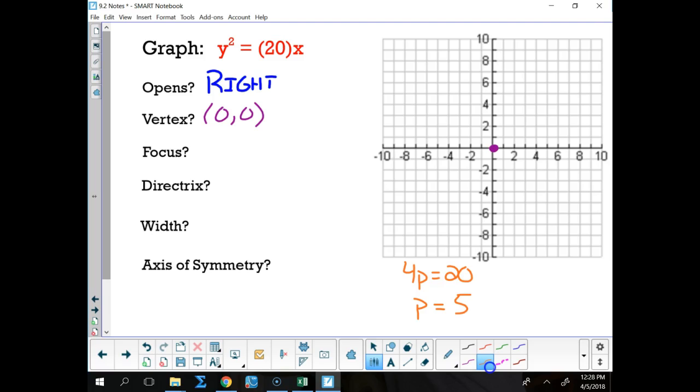So my focus is going to be 1, 2, 3, 4, and 5, right there. So that means my focus is at 5, 0.